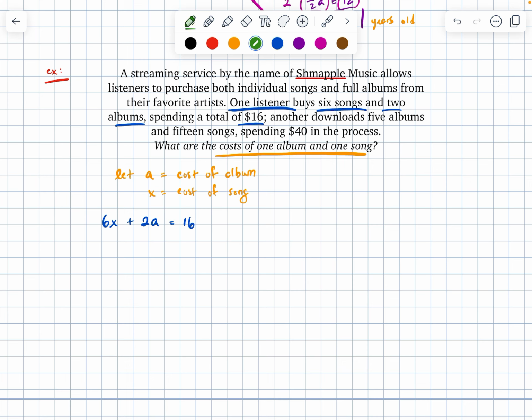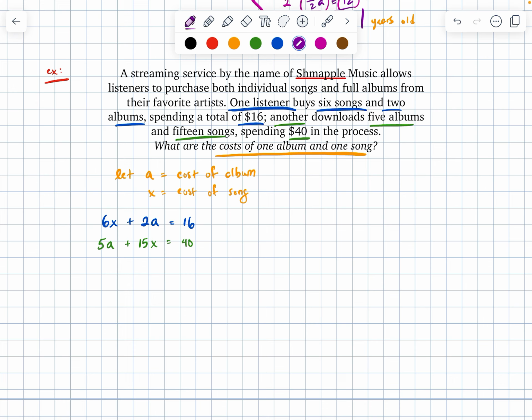And by the same logic, I've got another person who's got 5 albums and 15 songs, and they spend $40 in the process. So same idea. I've got 5 albums. So if I take 5 times the cost per album, and I add 15 times the cost per song, that should get me to 40.